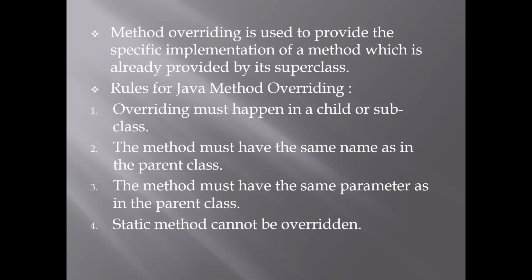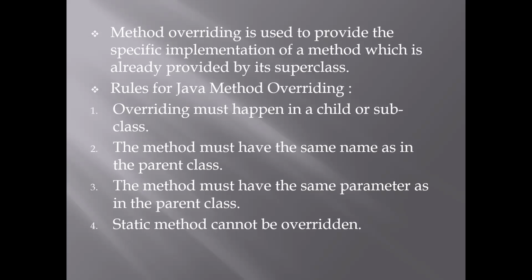What are the rules to implement the overriding? As I told you, it happens in a child or subclass. It doesn't happen in exactly the same class that holds the original method.